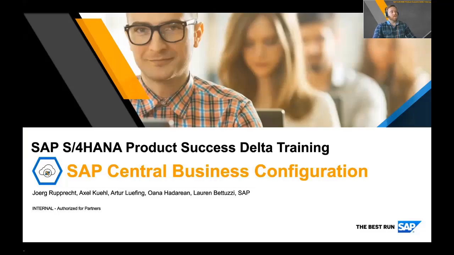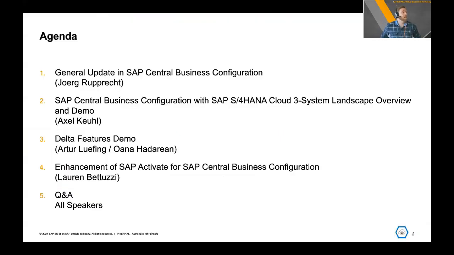So let's get started, and first of all, I'll quickly take you through the agenda of today's session. Axel, if we could move to the next slide, please. Thank you very much. So we'll be kicking things off with a general update on SAP Central Business Configuration by our product owner, Jörg Ruprecht. And following Jörg, Axel Kuhl will be giving us an update on SAP Central Business Configuration with SAP S4HANA Cloud, 3 system landscape, and will include a demo.